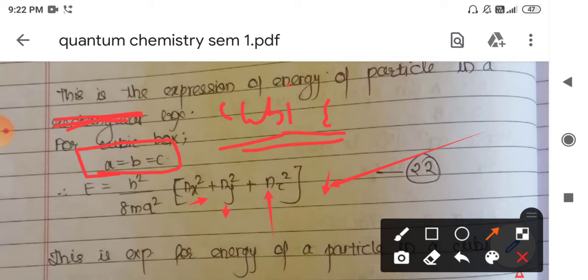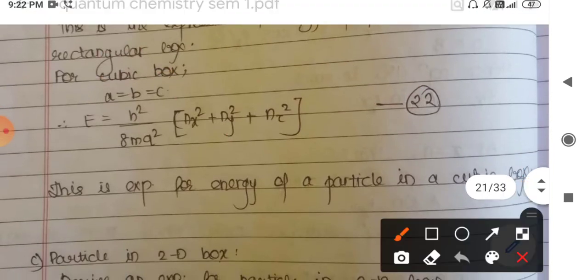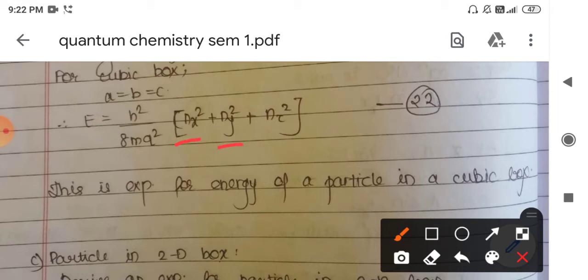Here again we can see that the principal quantum number values, that is nx, ny and nz, cannot have the value of 0, because if any one of the values is 0, then the particle will have non-existence along that particular direction. Suppose nx is equal to 0, that means the particle is not at all moving along x direction, so we cannot say that the particle is moving in the 3D box.